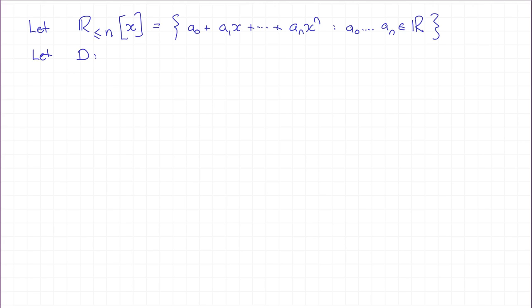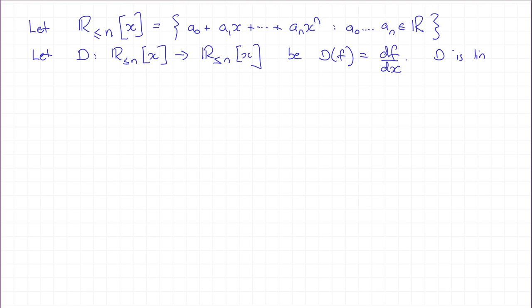We'll then take D to be the function from this vector space to itself, defined by the differentiation map. So D of a polynomial f is the derivative df by dx.